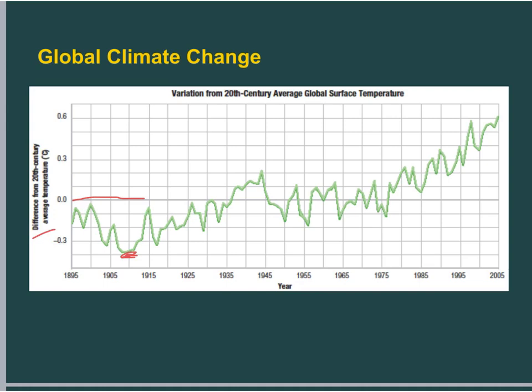All right, and you can see sometimes it's a little cooler, sometimes it's a little warmer, but notice the higher average just gets higher and higher. Goes back down in 1945, goes back down in 1955, but we got to think long term here. Remember the difference between weather and climate?